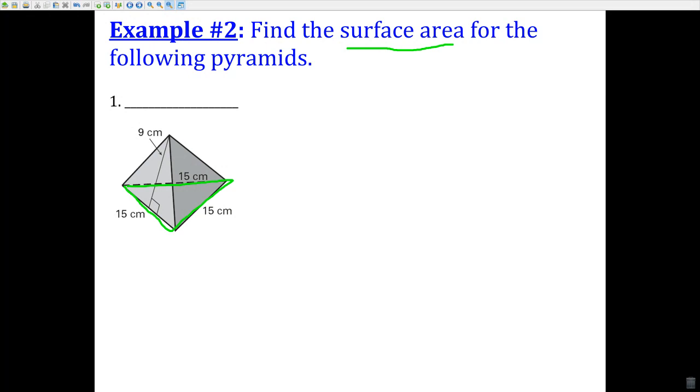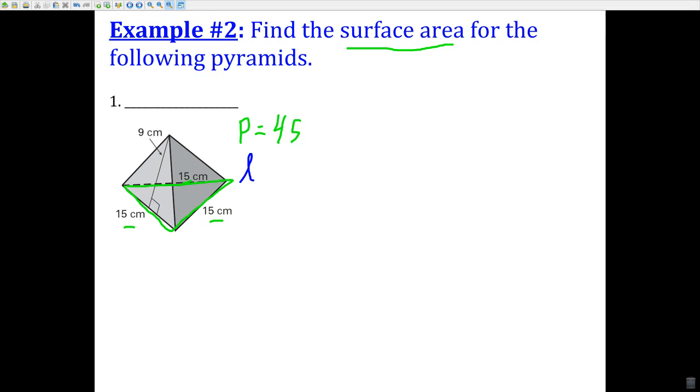So let's label some things we have. Well, we have 15, 15, and 15, right? So we can find the perimeter pretty quickly. We just do 15 plus 15 plus 15 and get 45. That would be the perimeter of our base. Our slant height, oh, they give us that.